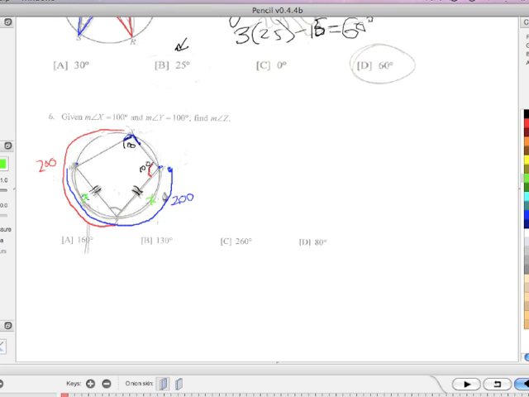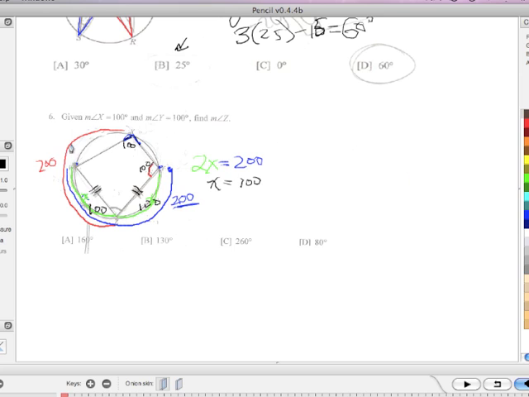So it's these two x's together. 2x is equal to 200. That's this 200 right here. These two x arcs have to add up to 200. So x has got to equal 100.